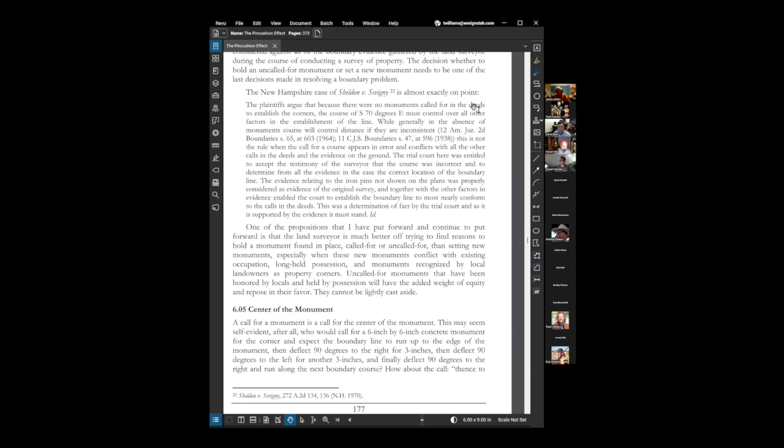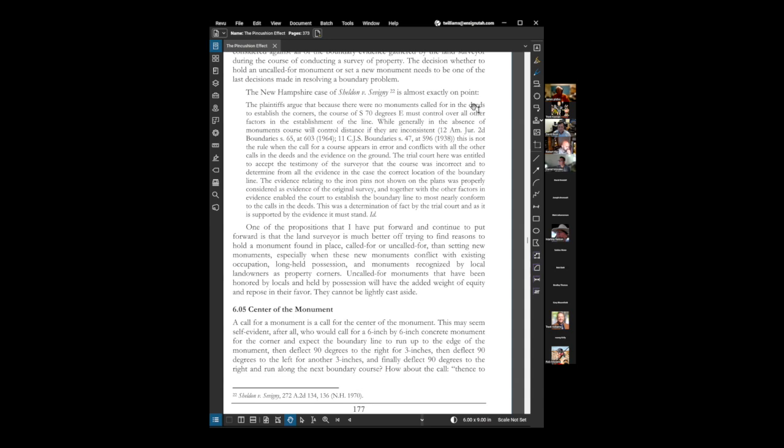While generally in the absence of monuments, the course will control distance if they are inconsistent, it continues on, this is not the rule when the call for a course appears in error and conflicts with all the other calls in the deeds and other evidence on the ground. So the trial court here was entitled to accept the testimony of the surveyor that the course was incorrect and determine from all the evidence in the case the correct location of the boundary line.